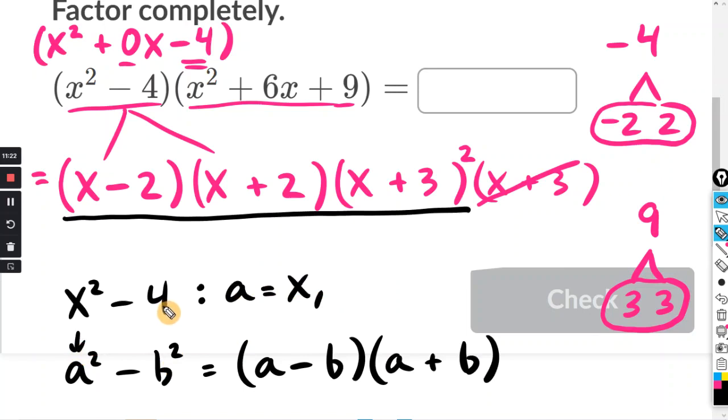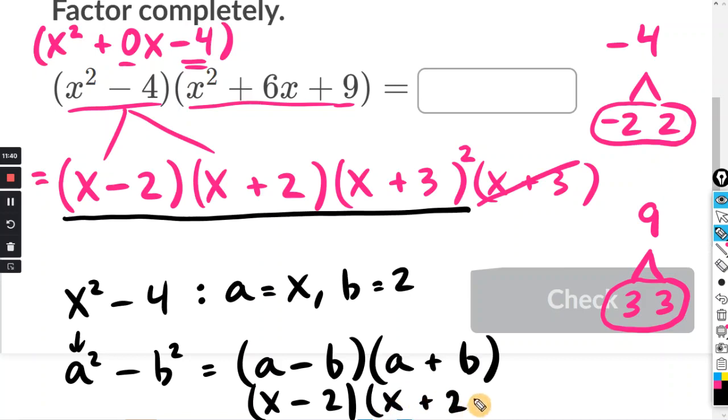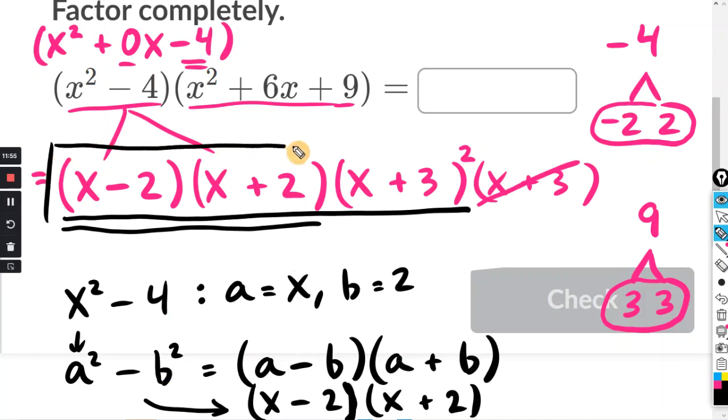And b squared is 4, so b equals 2. You take the square root. And you end up having a minus b, or x minus 2, and then a plus b, or x plus 2. So that's using the formula, and that's what we got anyway for that first part. So same thing if you use the formula. I like to do it this way, but some people like to remember the formula. Anyhow, this is what we're putting in the box.